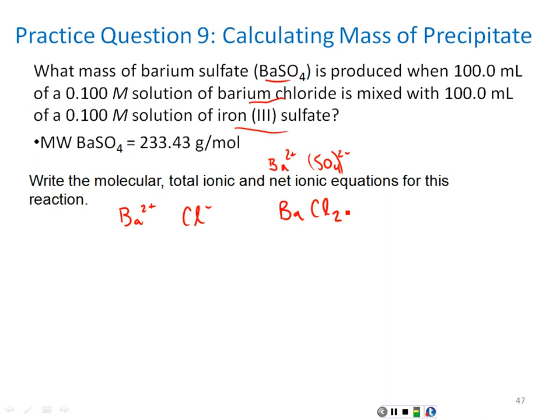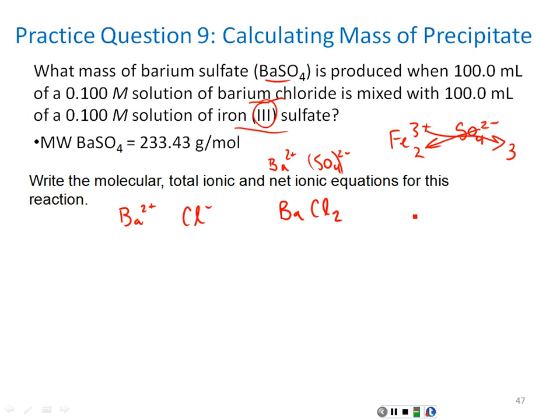Now what about iron 3 sulfate? This 3 tells us that it's a +3 charge. And as we've seen before, sulfate is a -2 charge. So how do we combine these so the charge is equal? Well, the easiest way to do that is to drop the charges down in a manner like this. Sulfate has a -2 charge, iron has a +3 charge, so multiply the sulfate ion by 3.